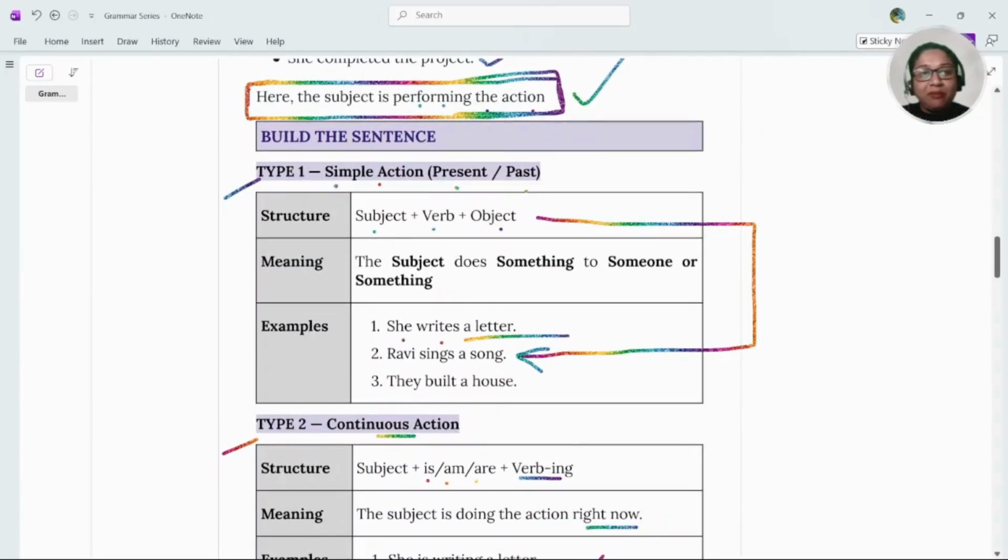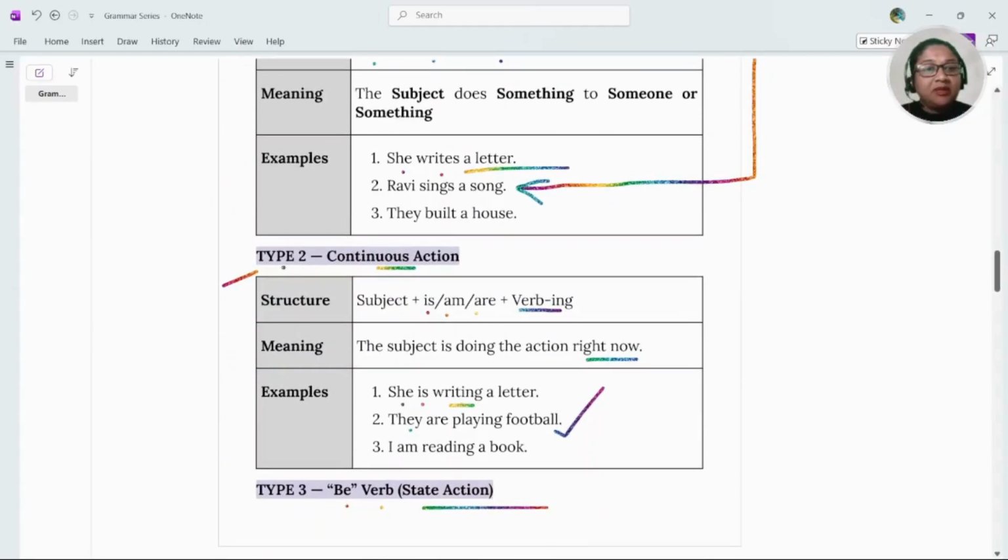All right, so type 1 is a simple action wherein you're using your present or past tense. Again, in the active voice format, the structure is subject, verb plus object. We already went through the example. The second type is the continuous action wherein your verb takes the ing form. Keep that in mind clearly.